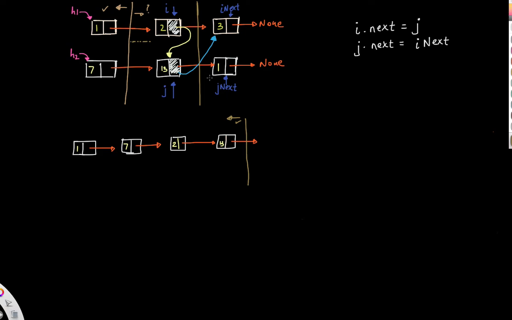So before the next iteration of my loop begins, I must make sure that the loop invariant isn't getting violated.